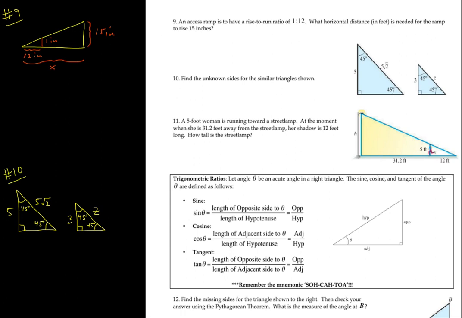Now the thing to highlight here is that we have really two triangles in this picture. We have this little triangle formed right here with side lengths 1 and 12, and then this larger triangle, which is the rise and the run of our actual access ramp. So these two triangles are similar. First, dropping this altitude here, that's going to be a 90-degree angle.